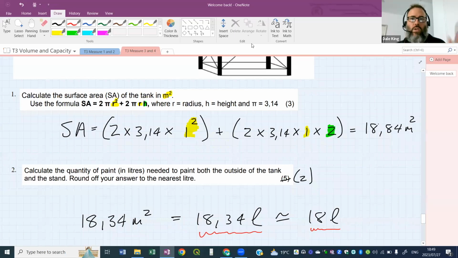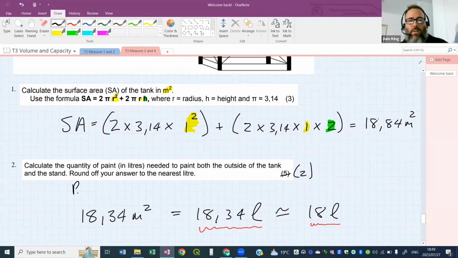So what they usually do in situations like this is they don't use the words round off to the nearest liter. They should use the words round up to the nearest liter. If they said the question properly, they should say round up to the nearest liter, because in this question, if you chop some off, you won't have enough.